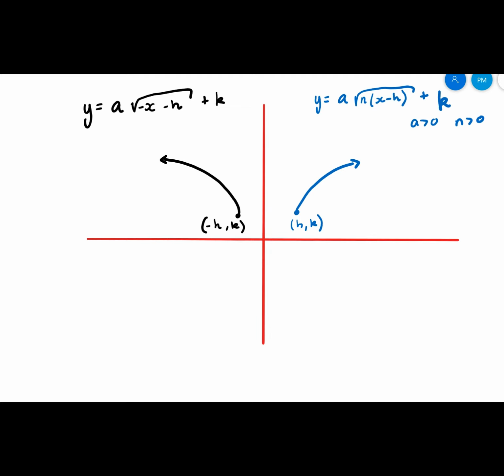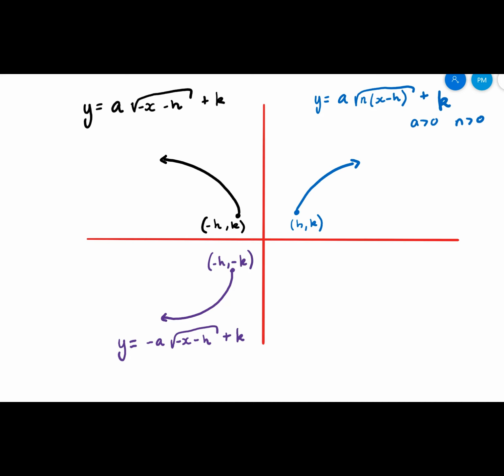Suppose that I had both of these things being negative. So there's a negative outside the square root and a negative inside. So we might think negative a square root of negative x minus h plus k. Then I'll have negative h, negative k.